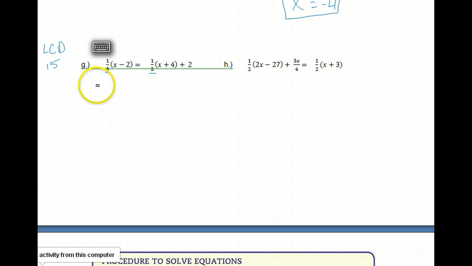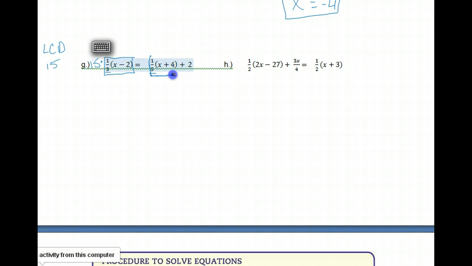However, you have to be very careful about how you do your distributing here, because the term 1/3 times quantity x minus 2, this is considered to be one term. So when we distribute to it, we are only going to multiply to that term one time because it is just one term.